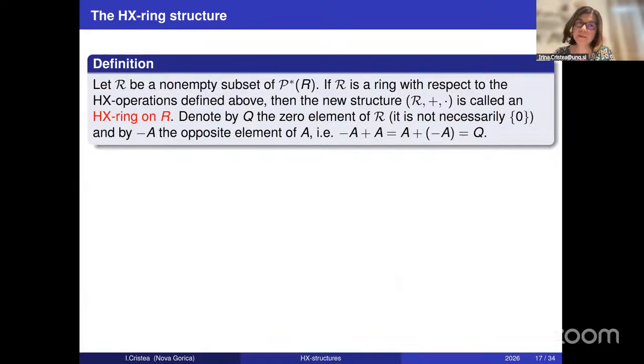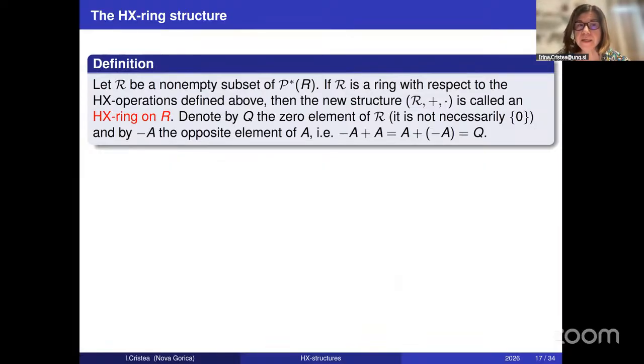What was less investigated, and was investigated more just by the Chinese school, is the other structure called HX ring. Very interesting is that HX rings were defined by the same group of researchers 1 year after the definition of the HX groups.